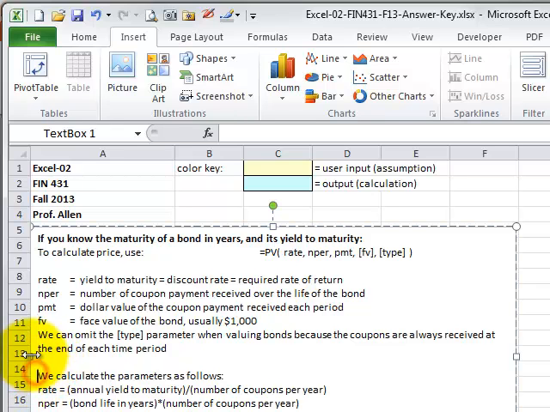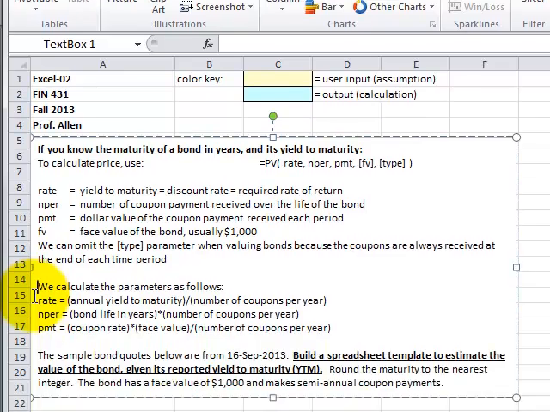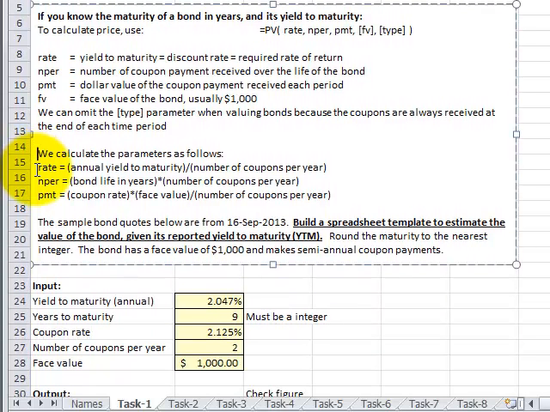When we look at bond quotes, we don't necessarily see these values that we need directly for the parameters. Instead, we may have to calculate them. For example, if our bond pays interest more than once a year, which is the case in the United States, we'll have to take the annual yield to maturity and divide it by the number of coupons per year, typically 2 in the U.S. Likewise, to find the number of coupon payments, we'll have to take the life of the bond in years and multiply it by the number of coupons per year.